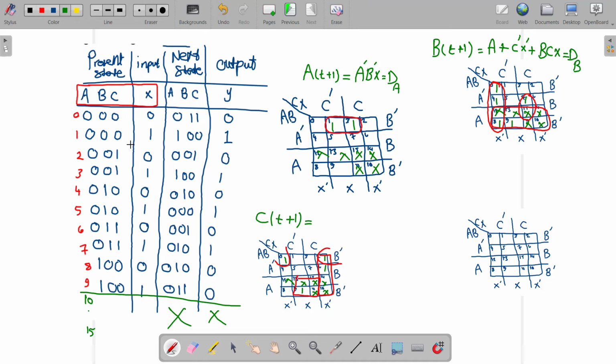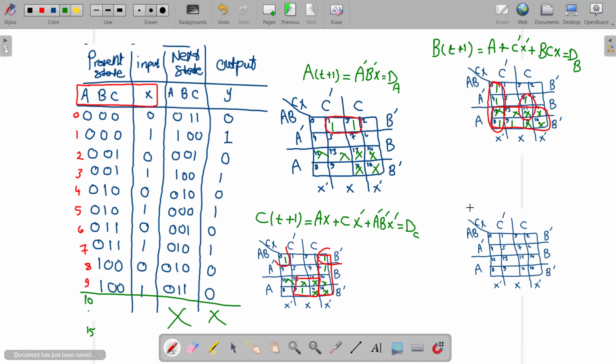So it means that C(t+1) is equal to AX, or CX prime, or A prime B prime X prime, which is equal to DC.